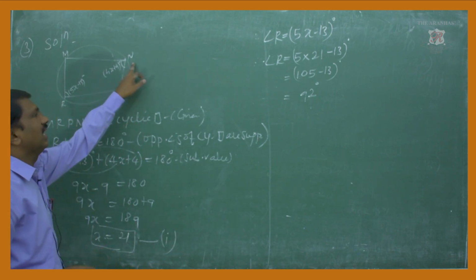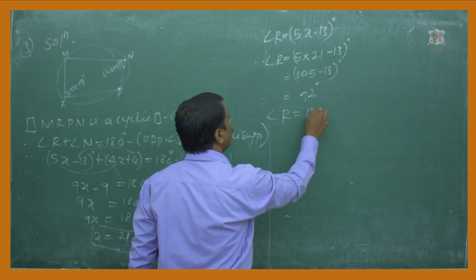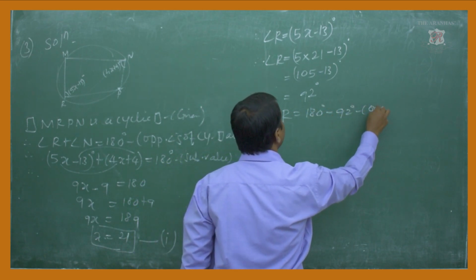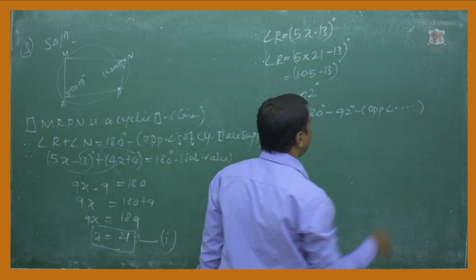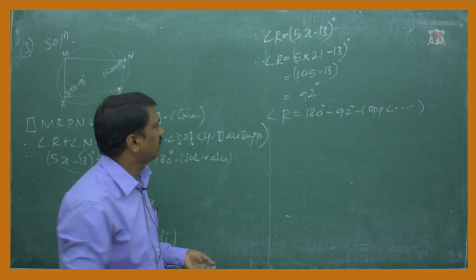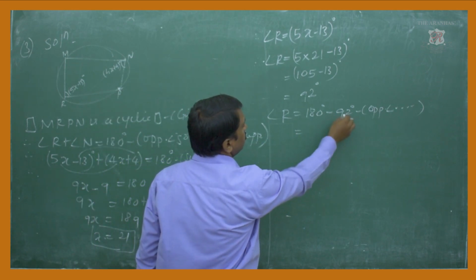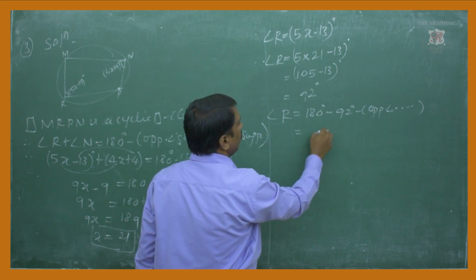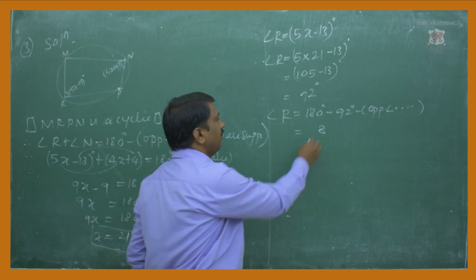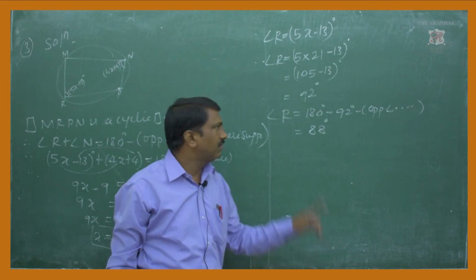If you want to find angle N's measure, it is simple. Angle N equals 180 degrees minus 92 degrees. The concept we apply is that opposite angles of a cyclic quadrilateral are supplementary. So that will be 88 degrees.